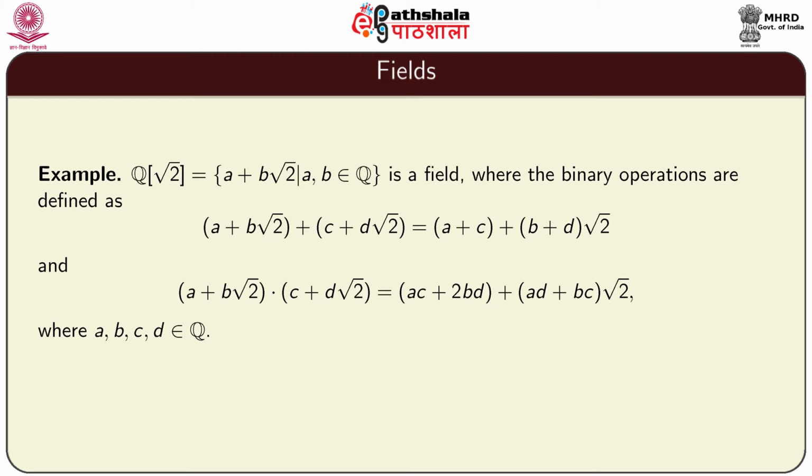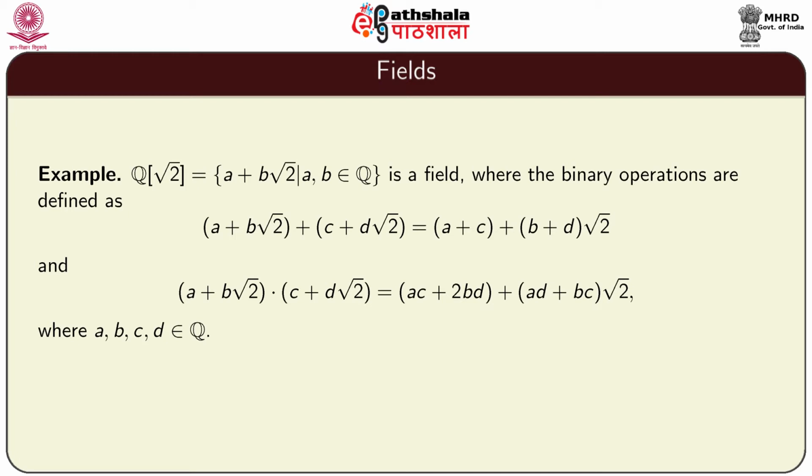It has various elements. For example, root 2 is also an element in this set, if you take a equal to 0 and b equal to 1. 1 plus root 2 is also an element in this set, if you take a equal to 1, b equal to 1.